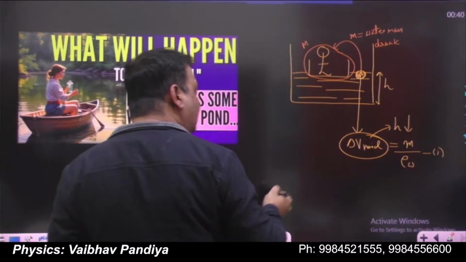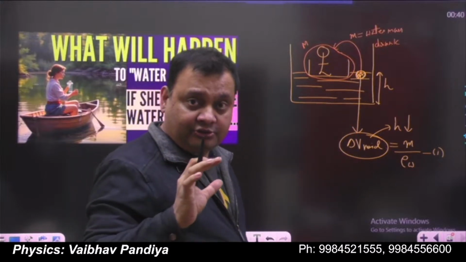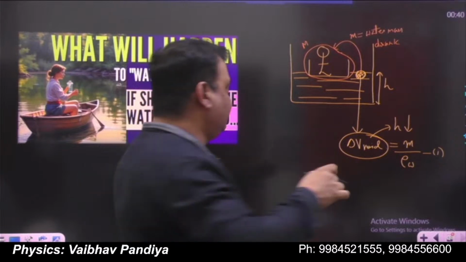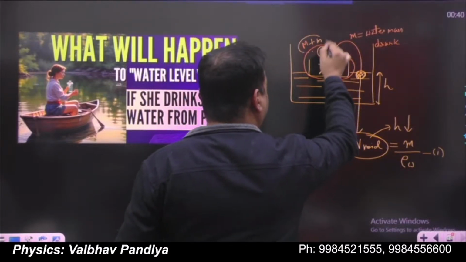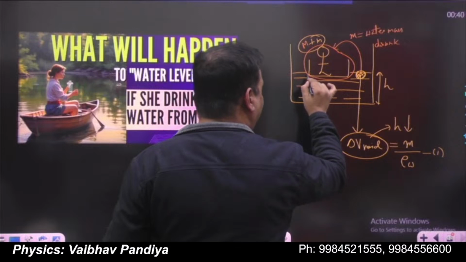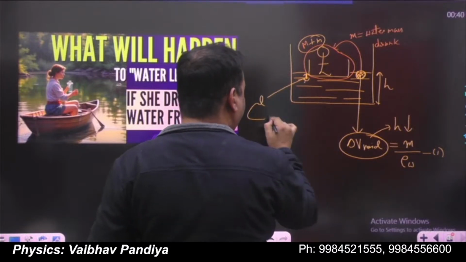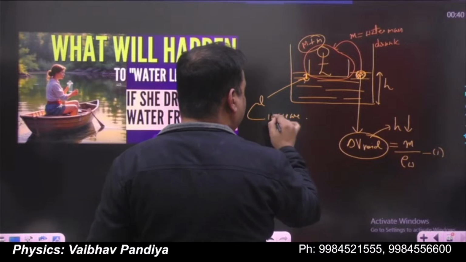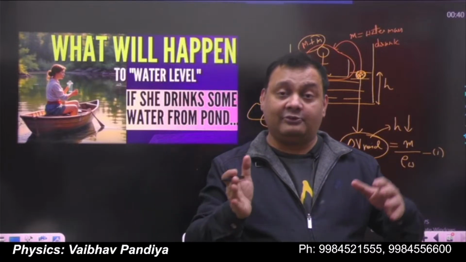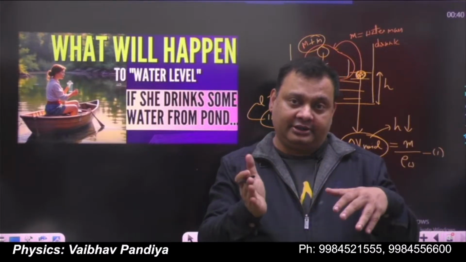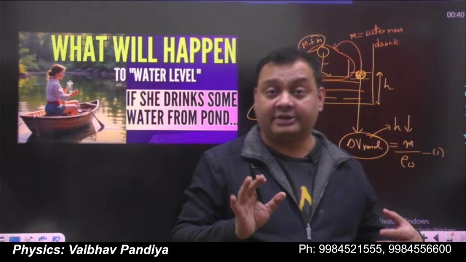Now since she is drinking the water, the water has gone into her body. So the water will come in this system along with capital M, small m. So this boat level will increase, yes or no? Because now the system has a greater weight. Along with the weight of the woman and the boat, now the system has also the weight of the additional water taken by the woman, right?